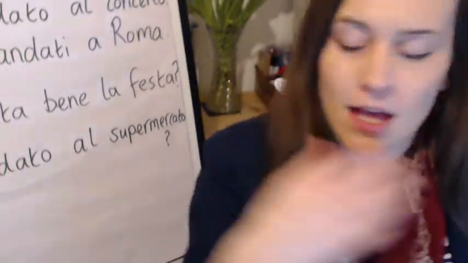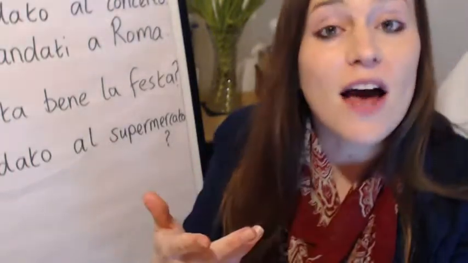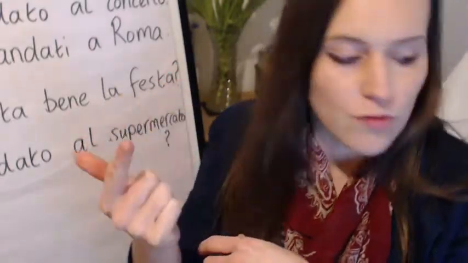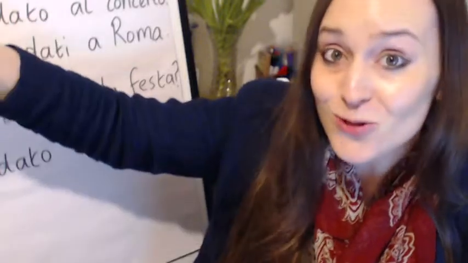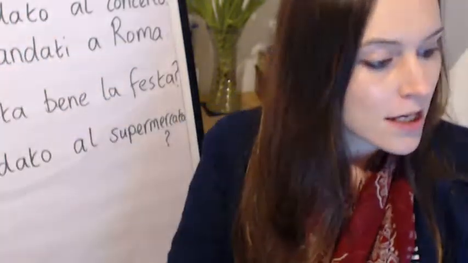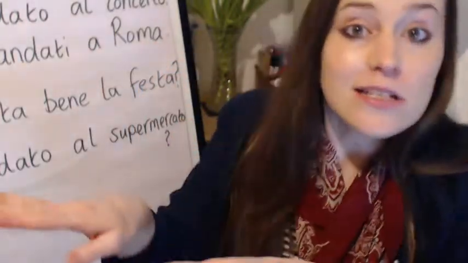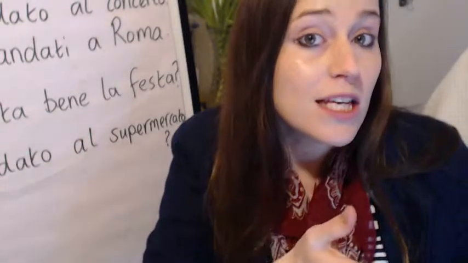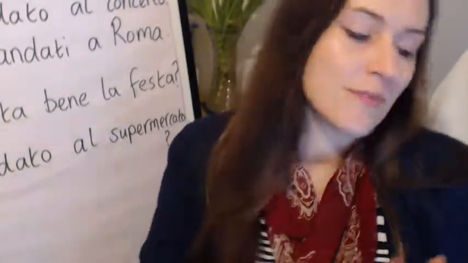So andare, arrivare, we saw that, io sono arrivata, alle cinque, I arrived. So to go, to arrive. We also have uscire, to go out, like sono uscita, I went out. Sono entrata, I came in, I entered. We have the verb venire, to come, sono venuta qui 10 giorni fa, sono venuta.